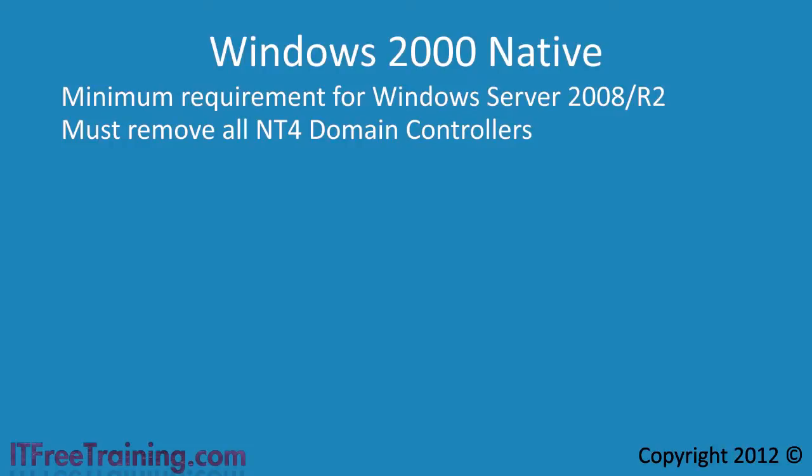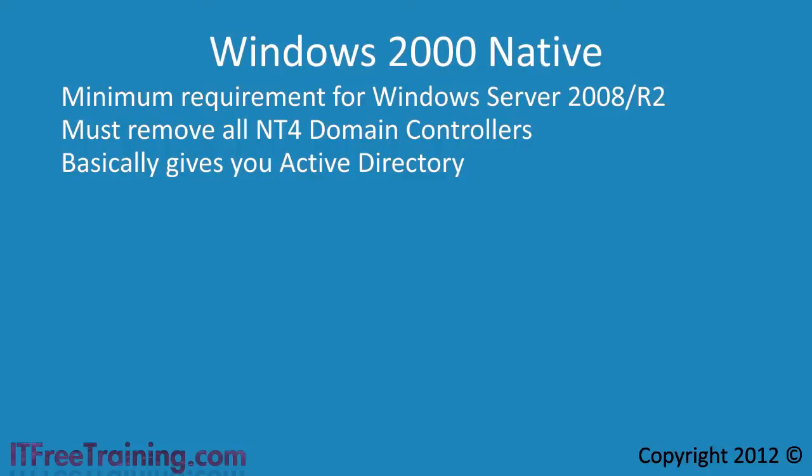Since Windows 2000 Native is the lowest domain functional level that Windows Server 2008 R2 supports, this is why you cannot have Windows NT 4 domain controllers on your network. If you select Windows 2000 Native, you basically get Active Directory. There are no special features at this domain functional level that are worth mentioning.